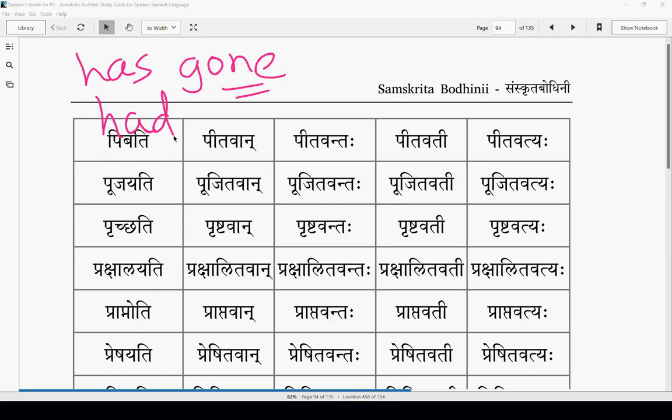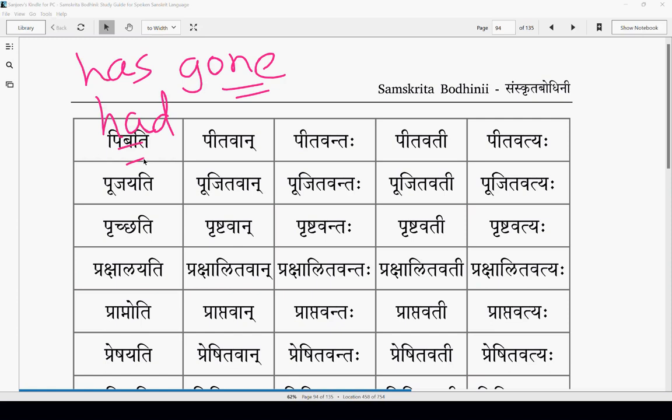Similarly, Pitavan Asti: this has, had and will be can be mimicked in Sanskritam by adding Asti, Asit and Bhavishyati. This is the basic thing I explained in that video. So this Pitavan is like gone or drunk.